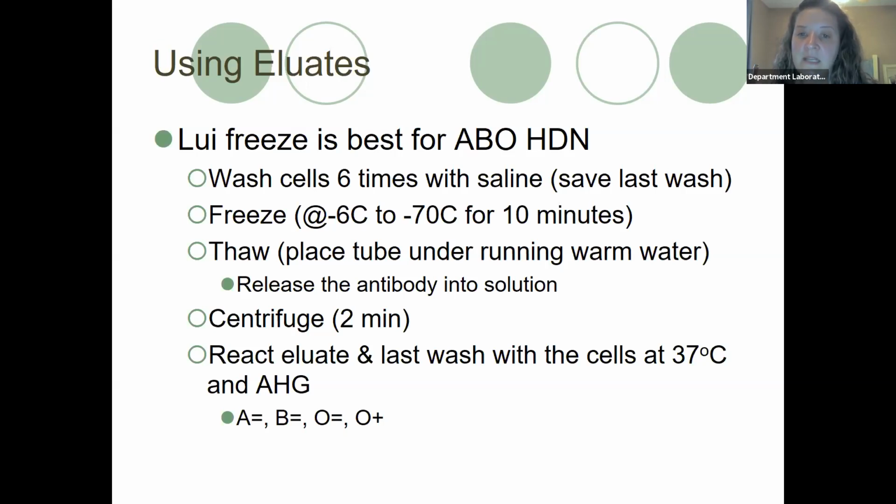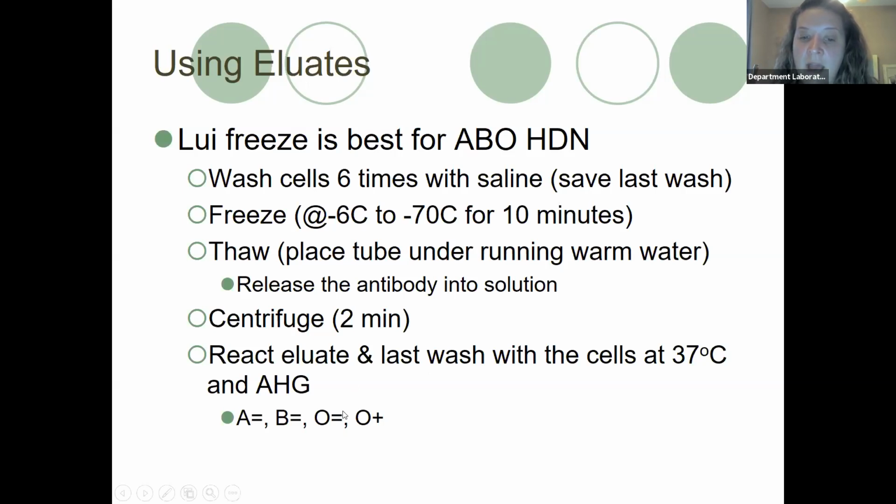If we suspect ABO hemolytic disease of the newborn, mom's anti-A, anti-B will attach to our reagent A cells and B cells, and we can identify exactly what is coating baby's cells. Okay, so if it's anti-A, it will attach to the A cells. If it's anti-B, it will attach to the B cells. And if it's anti-A,B, it will react with both the A cells and the B cells. And that is how we can identify your ABO hemolytic disease of the newborn.